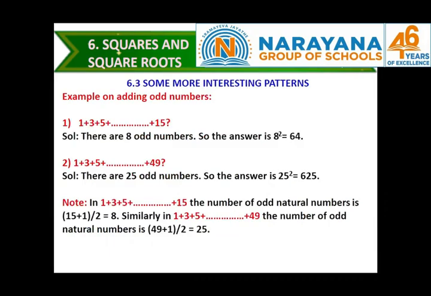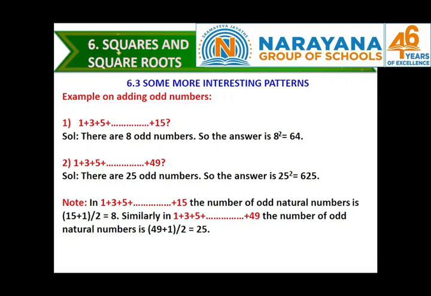Another example: 1 plus 3 plus 5 and so on up to 15. Altogether I am taking 8 odd numbers from 1 onwards, so the answer is 8 square, 64. The next example: 1 plus 3 plus 5 and so on up to 49. Odd numbers from 1 to 49 are 25 odd numbers, so the answer is 25 square, that is 625.